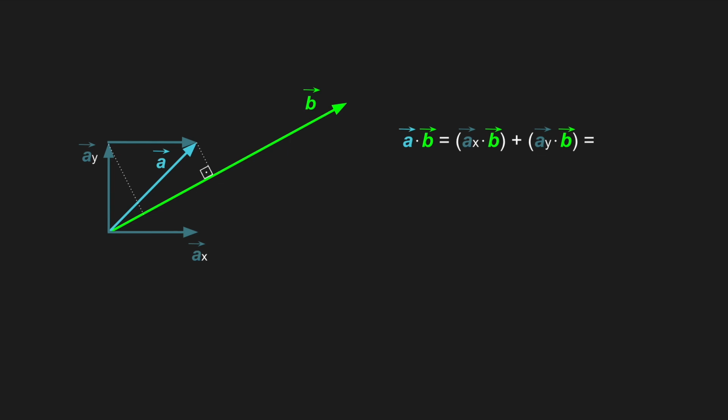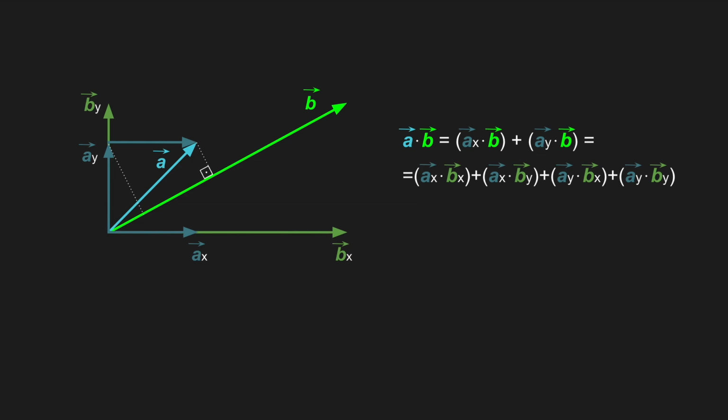Now, instead of the dot product of A and B, our expression becomes two dot products, one for each component of A. And then, we also apply the distributive formula on both of these dot products, since B is also made up of vertical and horizontal components. The sum of the four dot products we now have is equal to our original dot product.